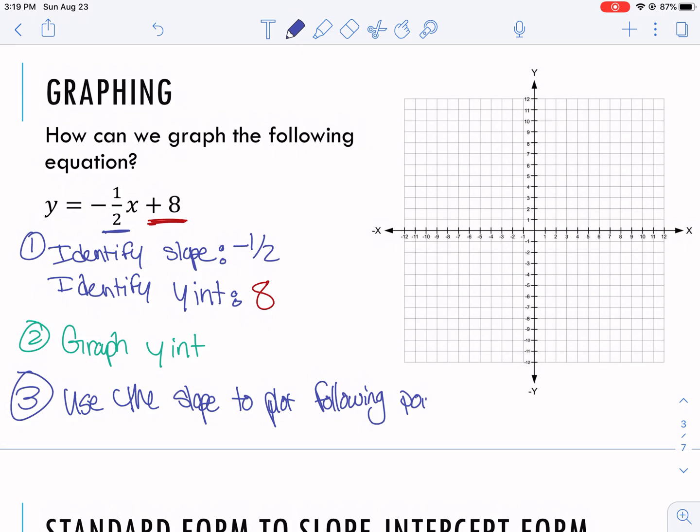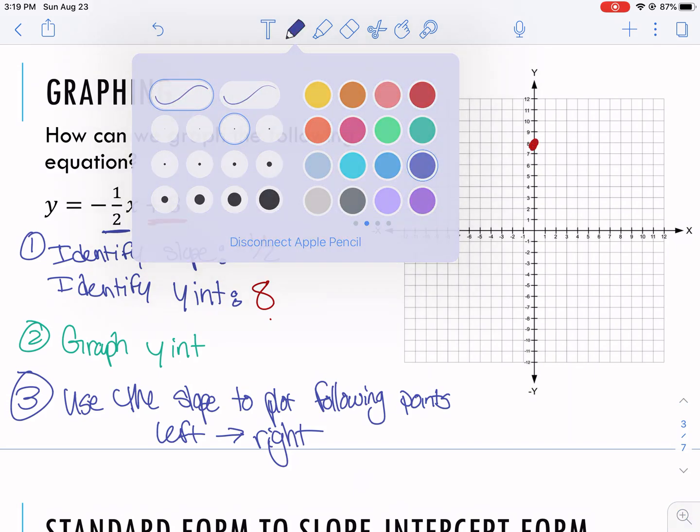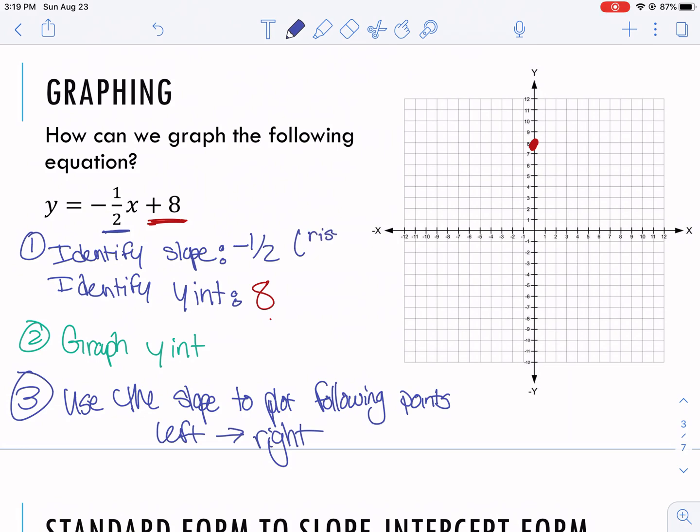And remember, with graphs, we always go from left to right, okay? Our first step was to plot the y-intercept, so +8. Since my slope is -1/2, that means the rise, and in this case our rise means we're going down, over the run, since it's -1/2.